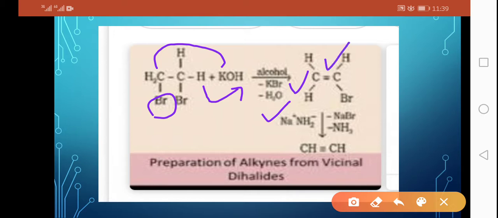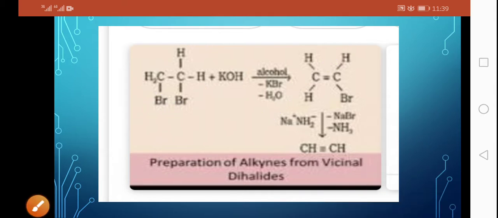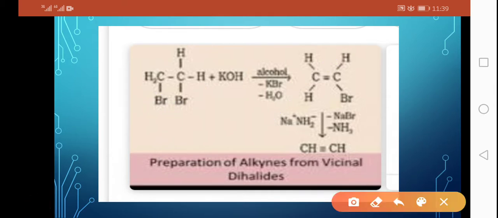carbon to carbon double bond. And as you know, the elimination here will take place in two steps. In the first step, we obtain an alkene, and then we again react this alkene with potassium hydroxide.